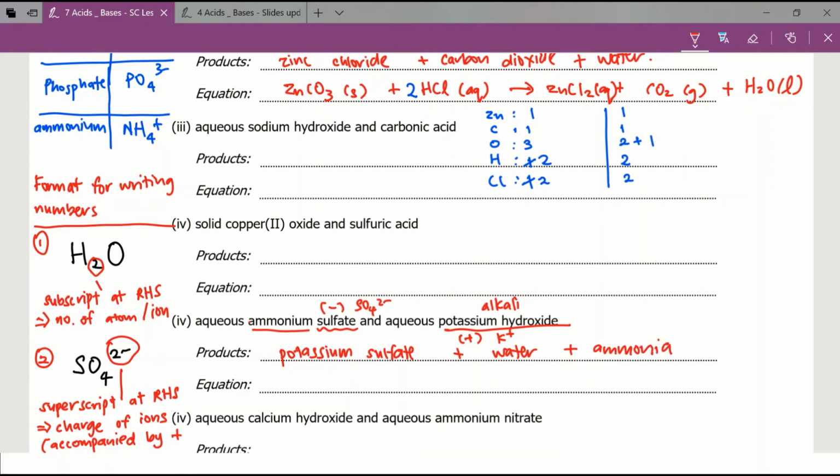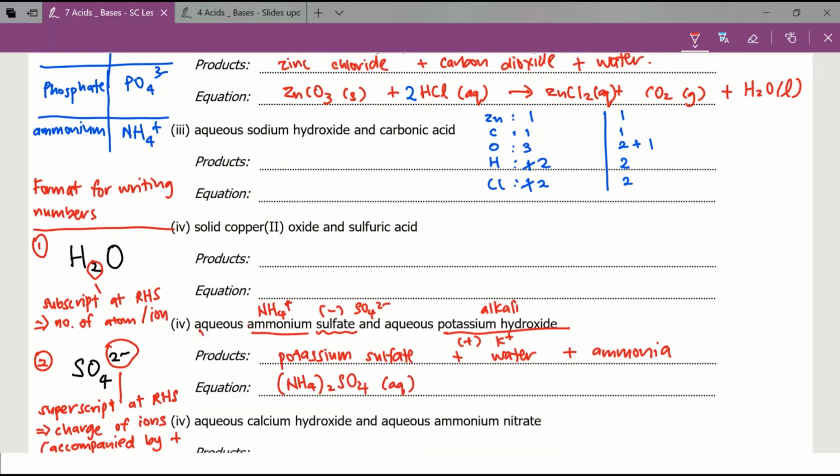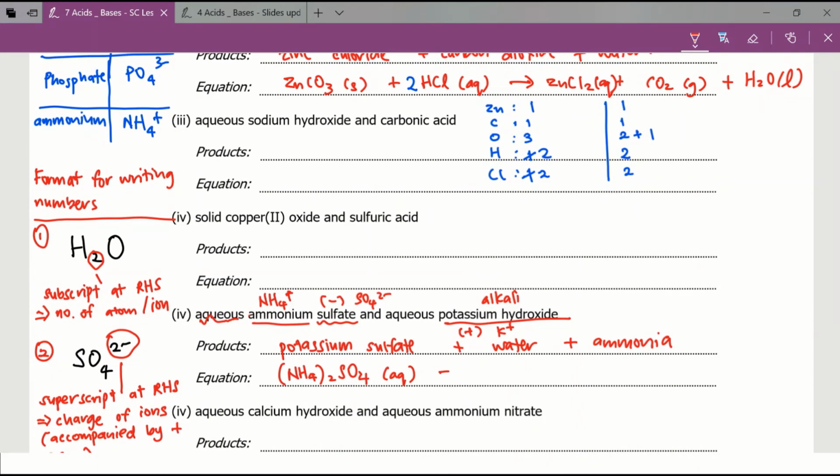So let us write down our equation now. Ammonium ion is over here, so it has a formula of NH4 plus. With that, the formula for ammonium sulfate should be (NH4)2SO4. This is in aqueous state. Plus aqueous potassium hydroxide.